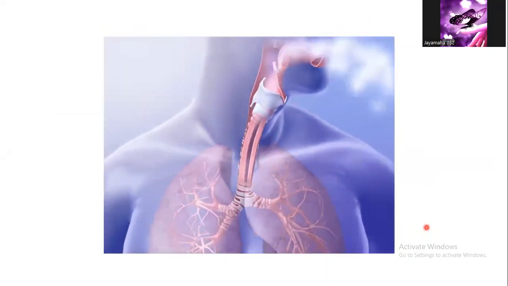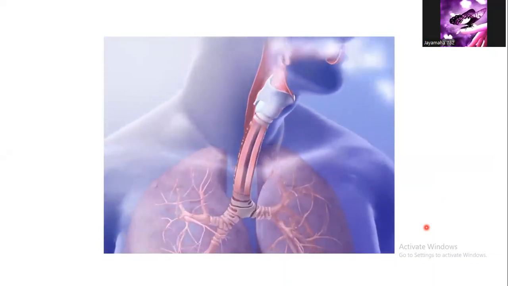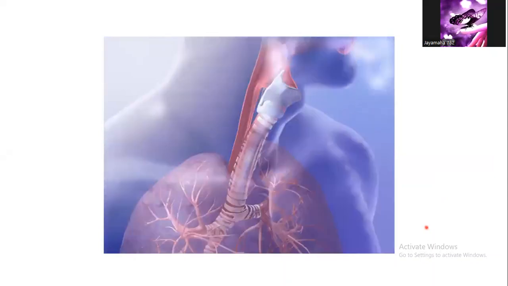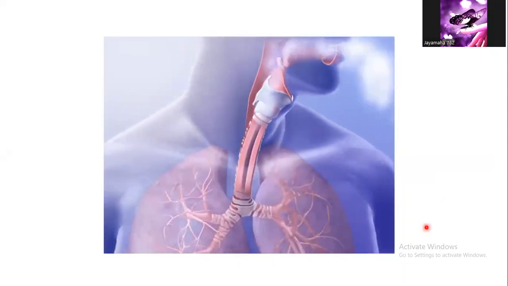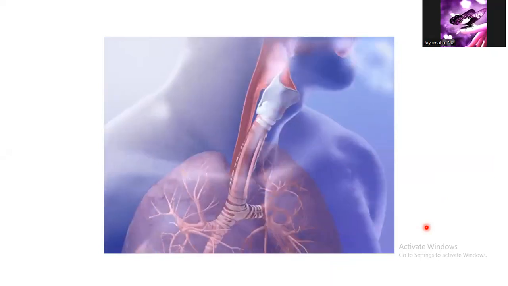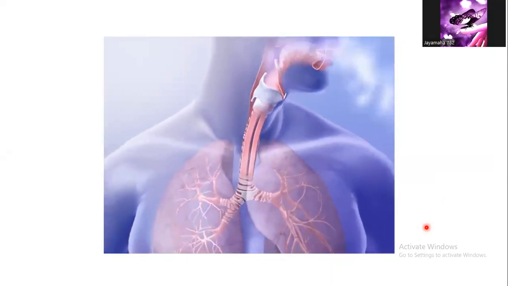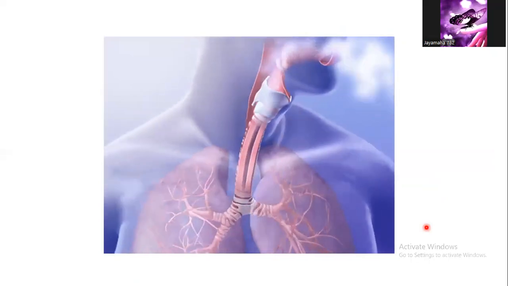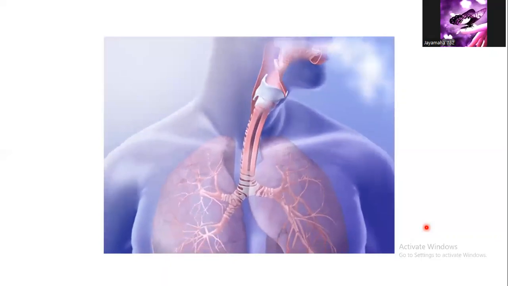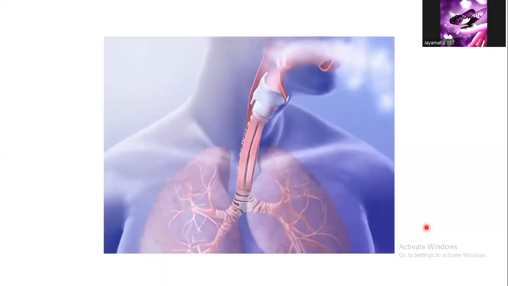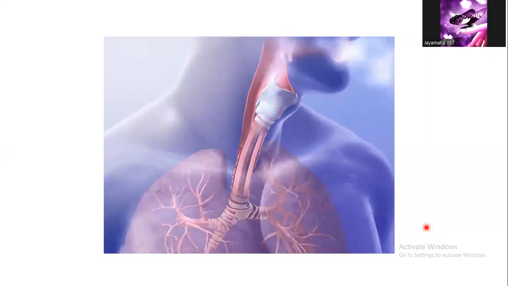The human respiratory system is responsible for gaseous exchange, delivering oxygen to the human body and removing the carbon dioxide. Normally, we breathe about 16,000 to 24,000 times a day with exchange of 11,000 liters of air with the atmosphere.